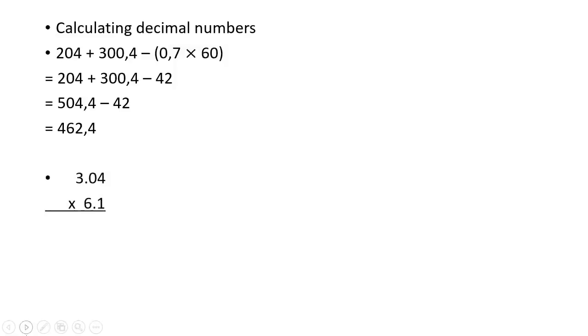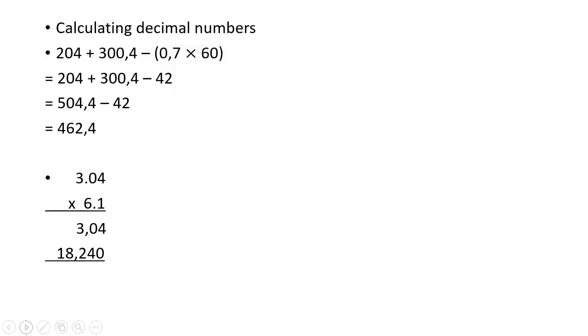Now let's look at this one. Sometimes they give you a multiplication like 3.04 times 6.1. You need to multiply 1 times 4, 1 times 0, 1 times 3, and you write all those out, and you'll see your answer will be 3.04. And then you multiply your 6 times 4, which gives you 24.